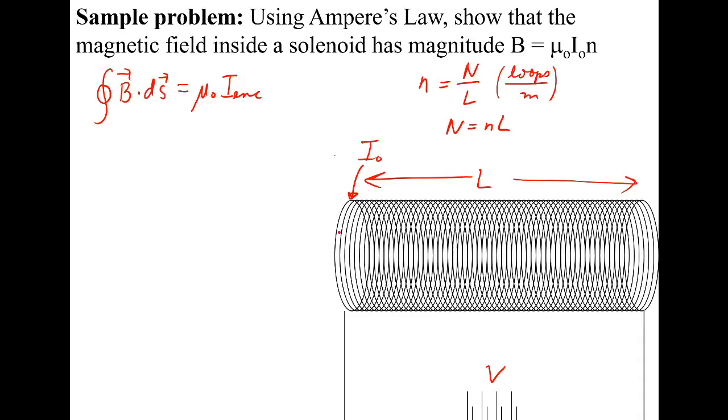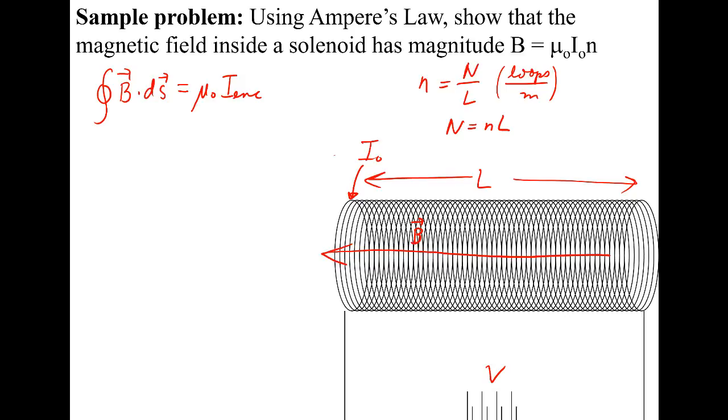If you think about the right-hand rule, as the current is going through this loop right here, the magnetic field is going to be looping around that. So really what's going to happen is that the magnetic field is going to be going like so, along the long axis of the solenoid.